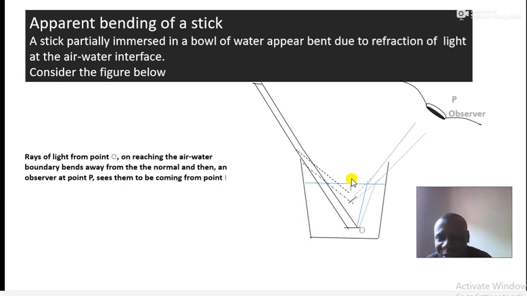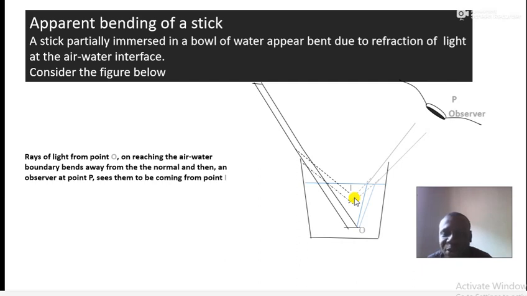So from the concept of refraction, you can see this clearly. I repeat it, the ray gets to this point, bends away from its actual path. That means bends away from the normal. This same thing will happen here. And the two rays that bend out will project backward and intersect at some point inside the medium that the light actually came from, which is water.